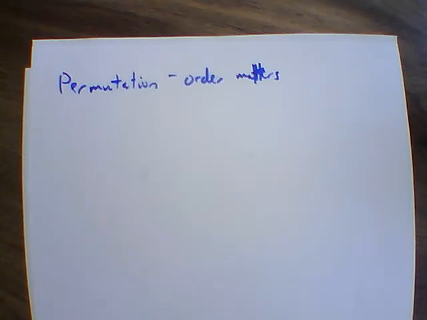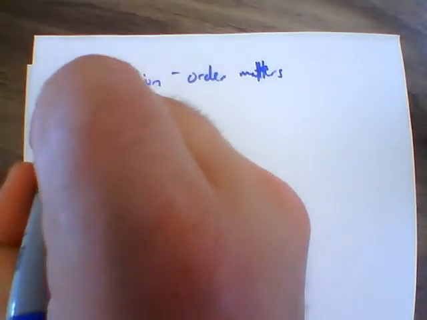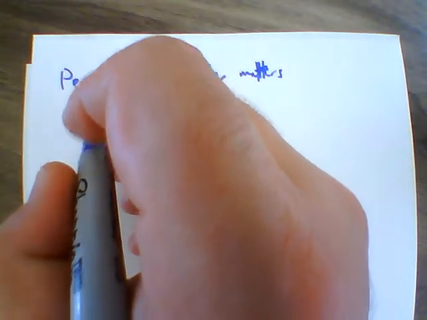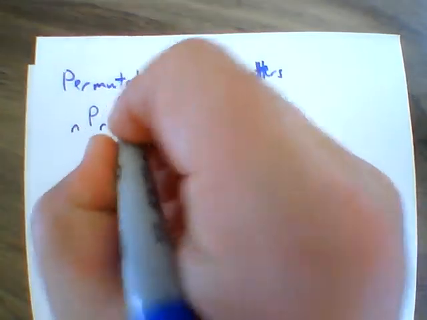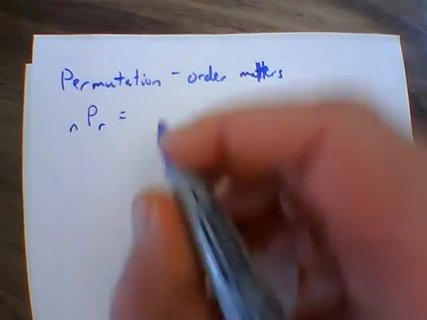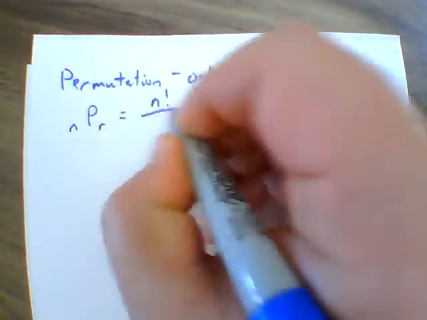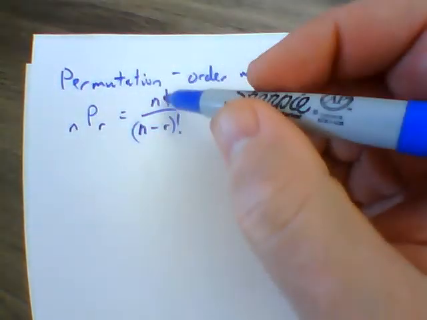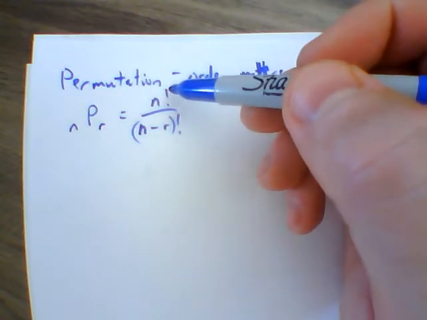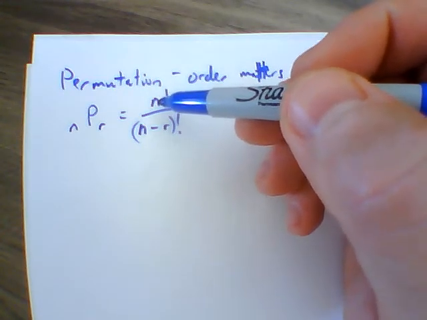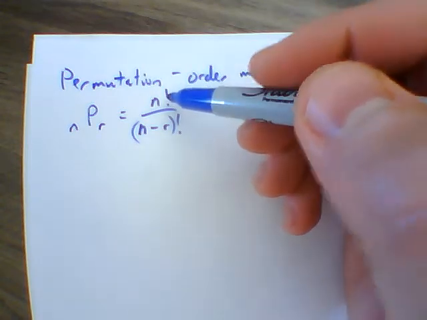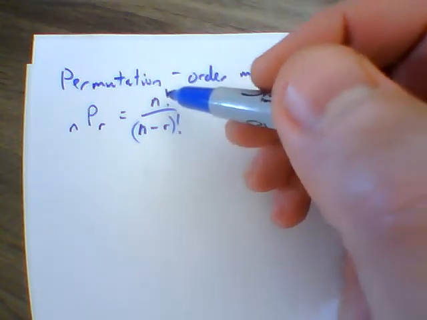So we look at the basic formula for a permutation: nPr equals n factorial divided by n minus r factorial. Remember, the exclamation point is factorial. This is not saying n, it's saying n factorial. We're not just putting emphasis on it, we mean it.